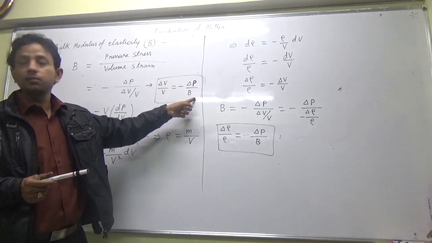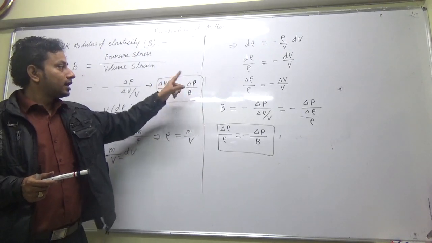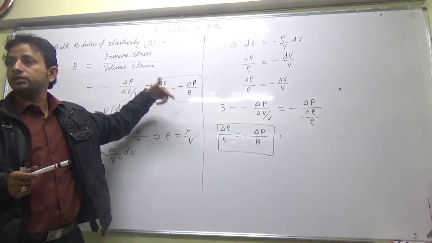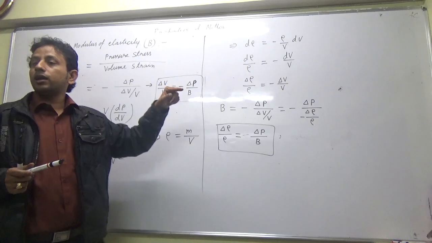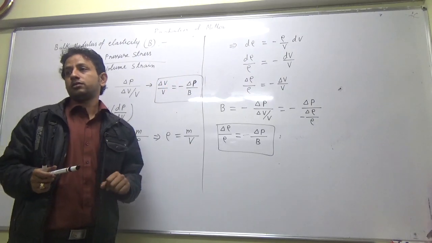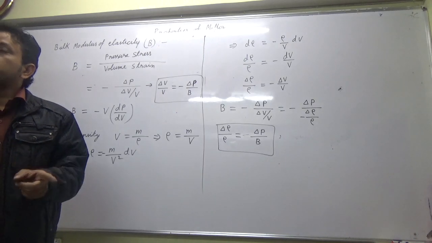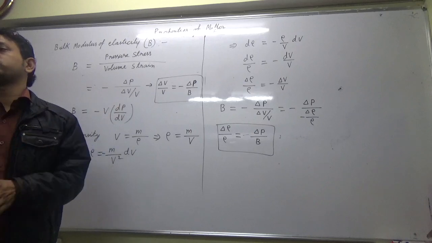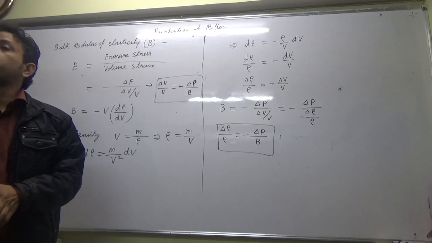That's why it is inversely proportional. Are you getting? It is directly proportional to pressure change, because as you increase pressure, volume will change by more amount. And bulk modulus, it is inversely proportional, because bulk modulus is the tendency to apply the restoring force against the applied forces. So it will apply larger restoring force and it will get deformed by less amount.